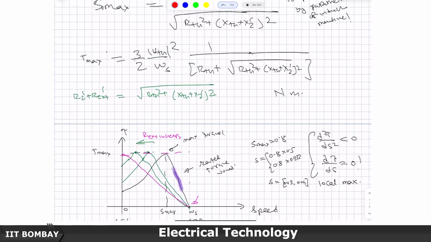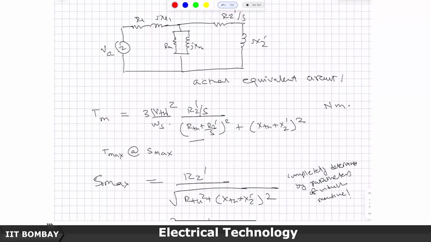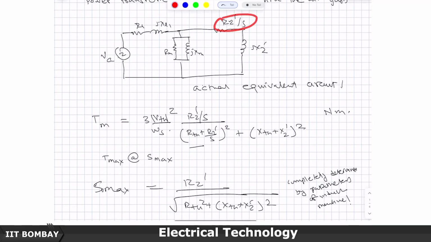Because under normal operating conditions slip is very small. If the slip is very small, this resistance is much larger, as I talked to you earlier. The current is less, but when you start the machine, then the slip is 1. So, slip is 1, so the rotor side presents a much smaller impedance. So, huge current will flow into the induction machine.